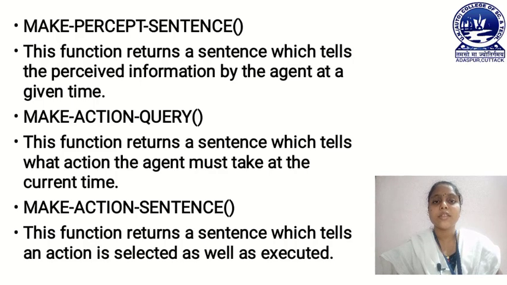The next function is make query sentence. This function returns a sentence to the knowledge base by asking the knowledge base which action it should perform at the current situation or current time.